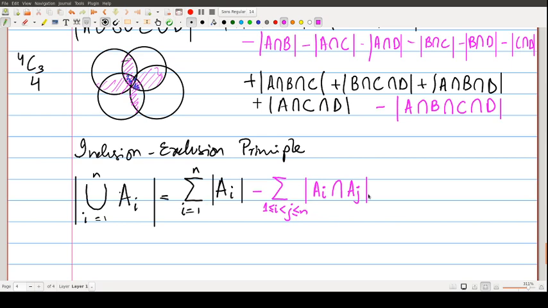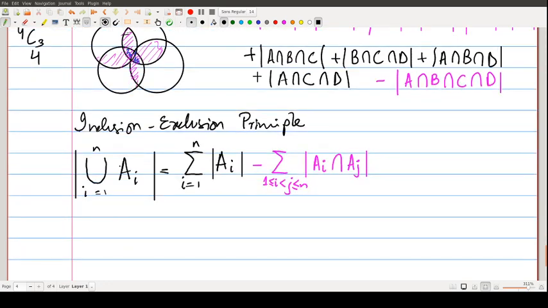And so I'm doing the summation for these pairwise intersections, and then on the next term I will of course do an inclusion. That inclusion is something like the summation of A_i intersection A_j intersection A_k, and the indices start off from 1 for i, and then j is different from i, and then k is different from i, and they go up until n, right?